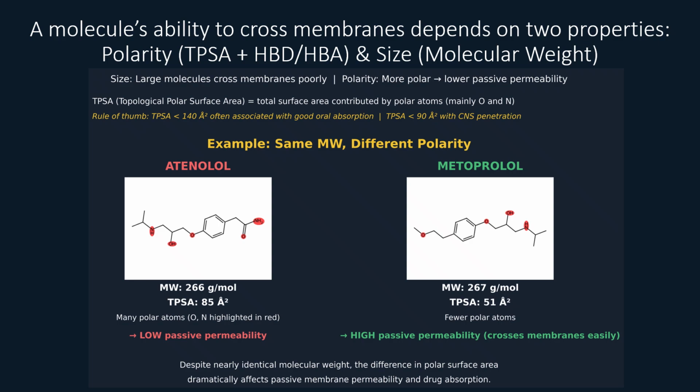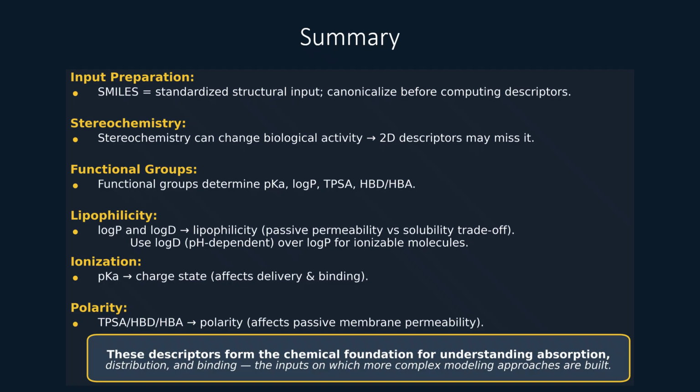Now finally, let's see the summary for this lecture. We started with SMILES as a standardized way to encode molecular structure, and why canonicalization and stereochemistry are essential for producing consistent and chemically meaningful inputs.